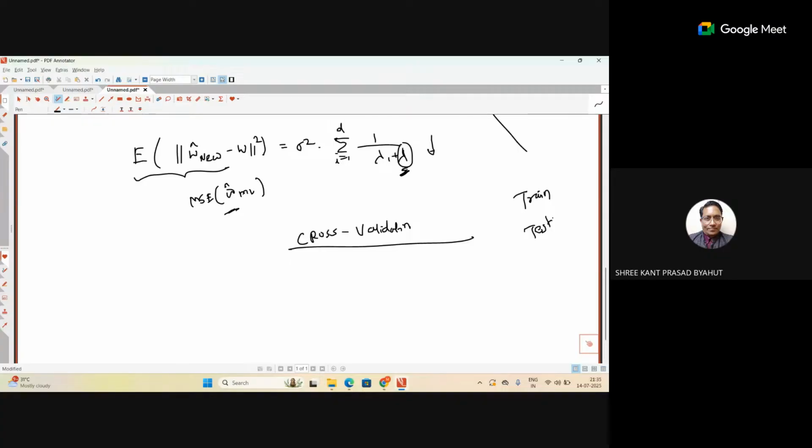So you try to minimize this error, y minus w transpose x, based on the training data. Once you train the model and get w star, you use that model on the test data to predict the values, correct?